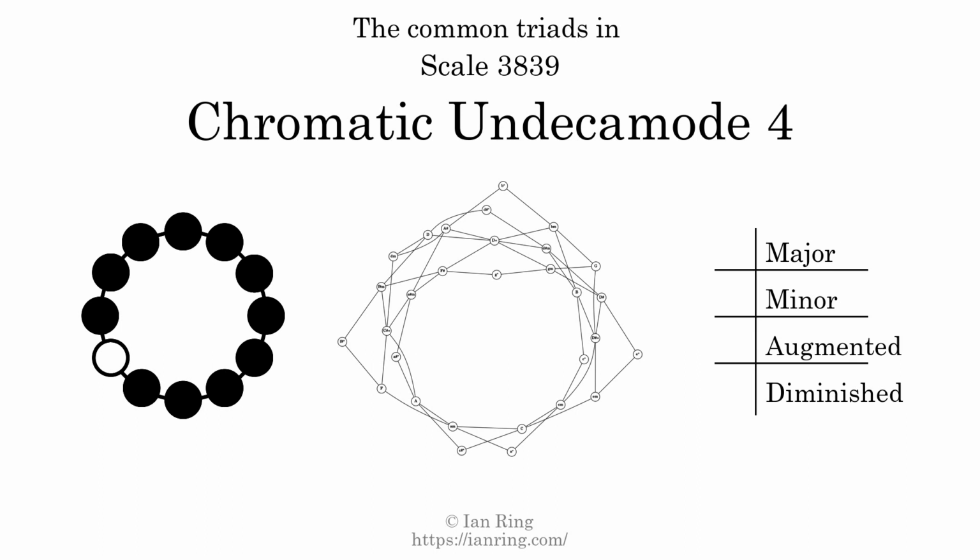The diagram in the center is a graph of parsimonious voice leading between triads. There are 9 major triads. There are 9 minor triads.